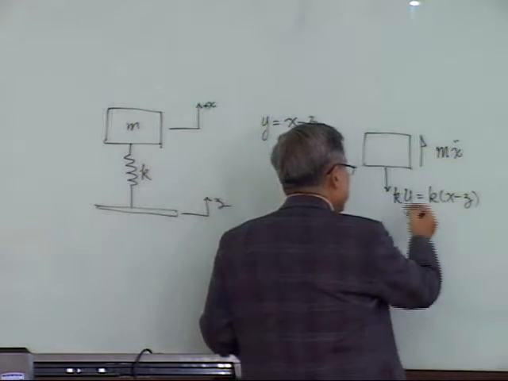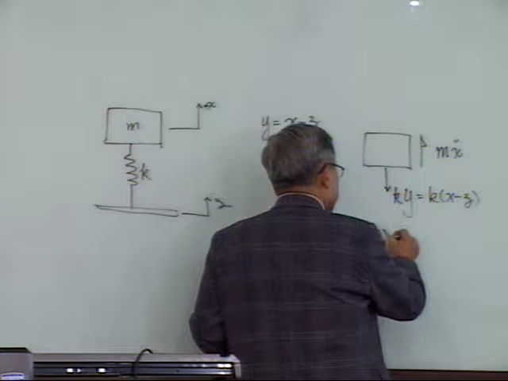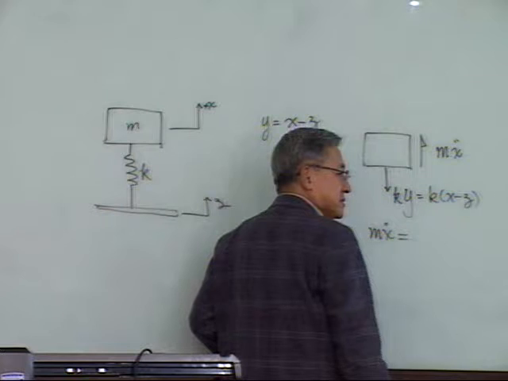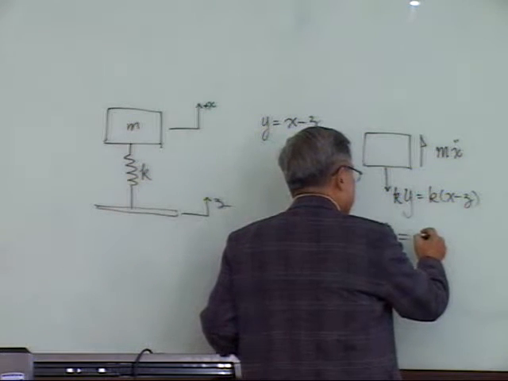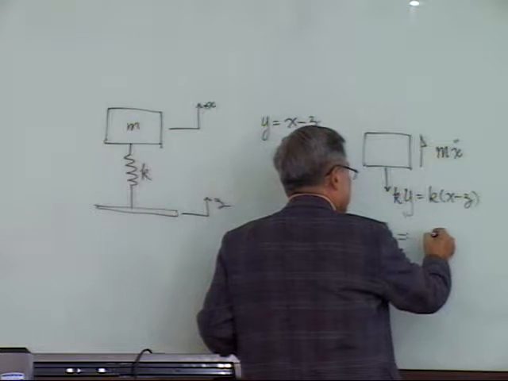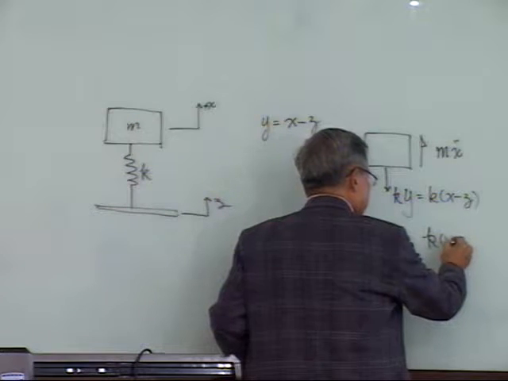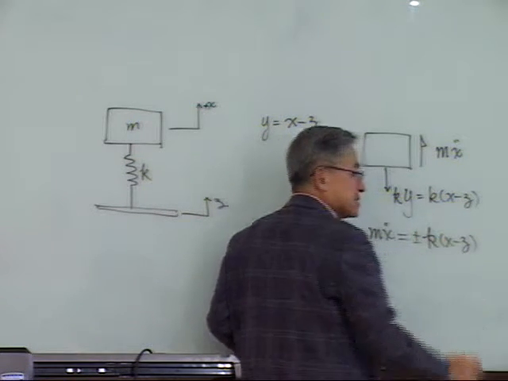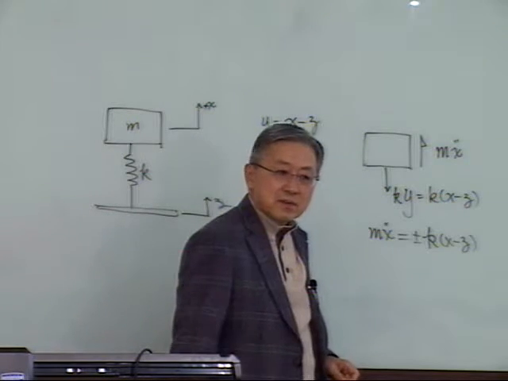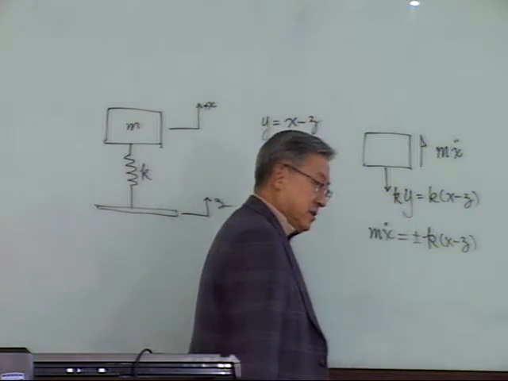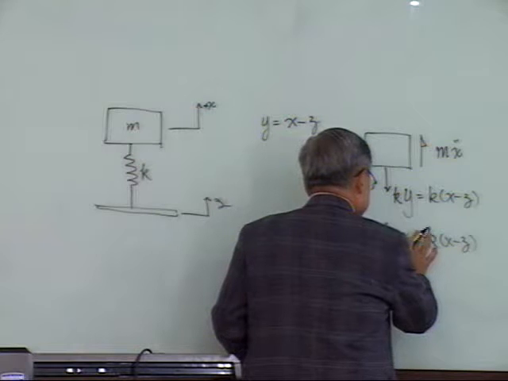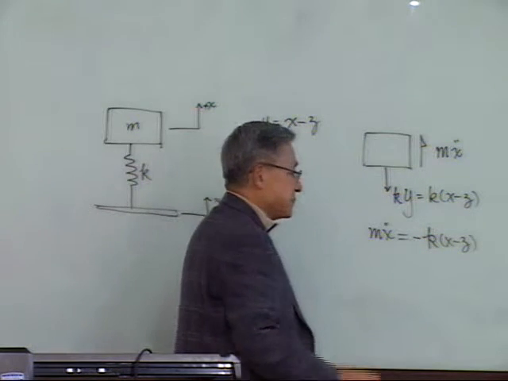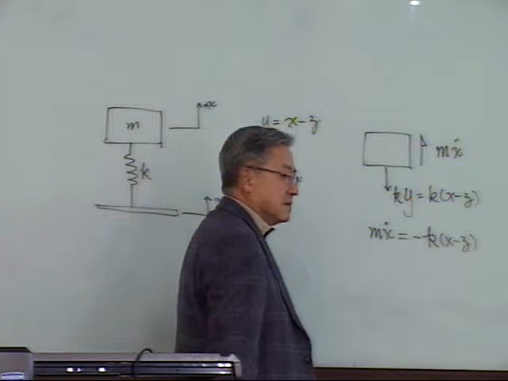So then m x double dot is equal, that's important, Newton's second law. Then is it k times x minus z? Is it plus or minus? Minus, right? Because it's in the opposite direction, so I'm going to put the negative sign here. That's all.